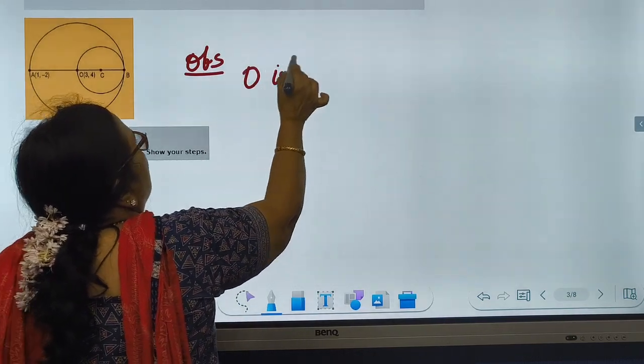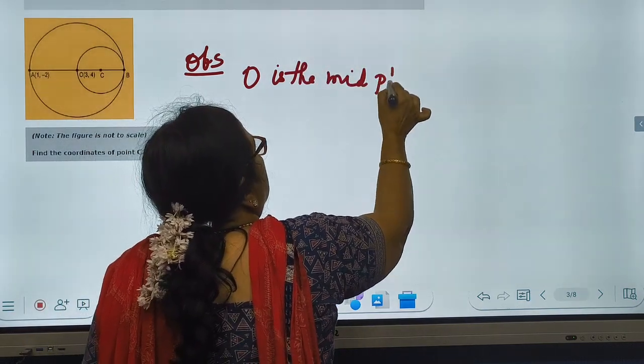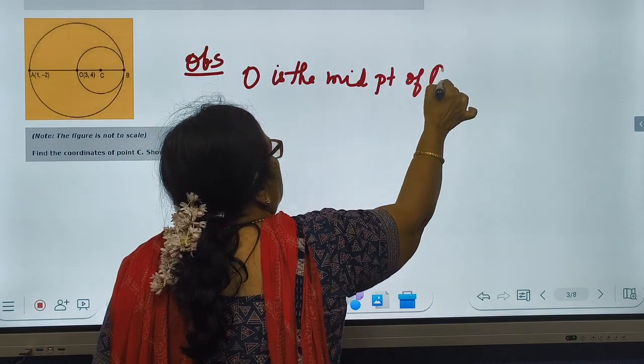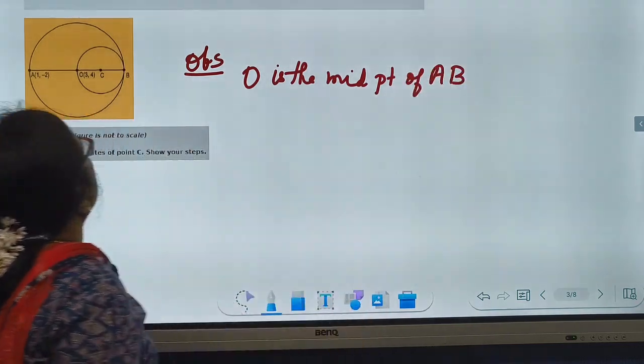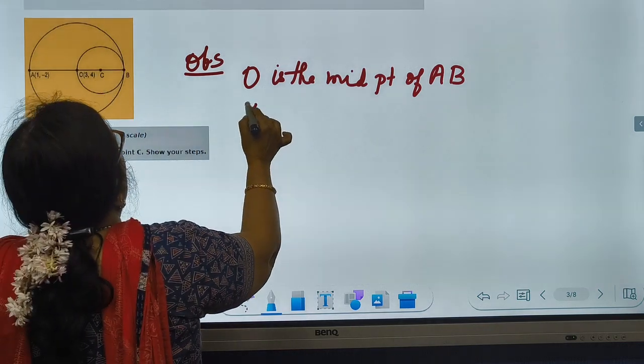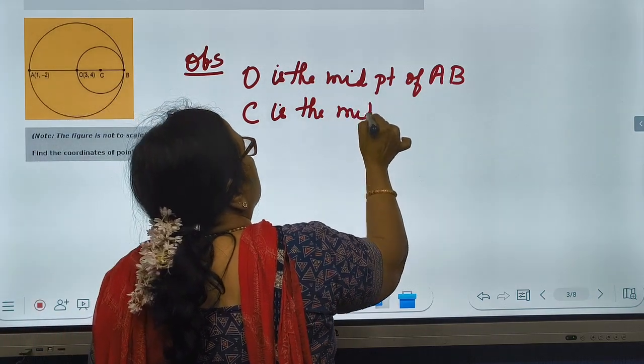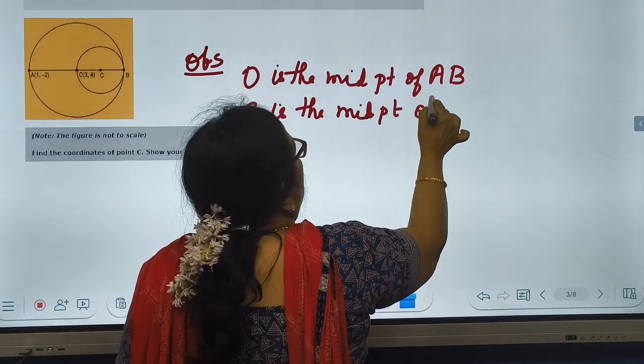O is the midpoint of AB. Okay, and then C is the midpoint of OB.